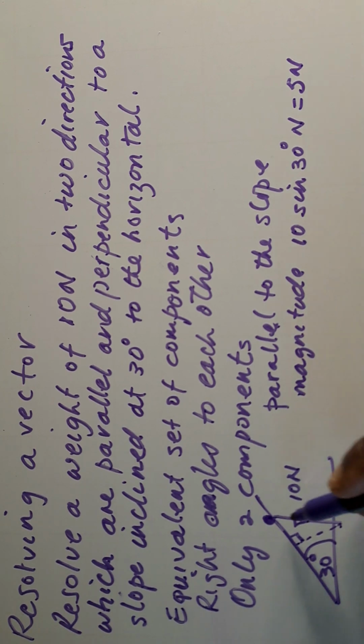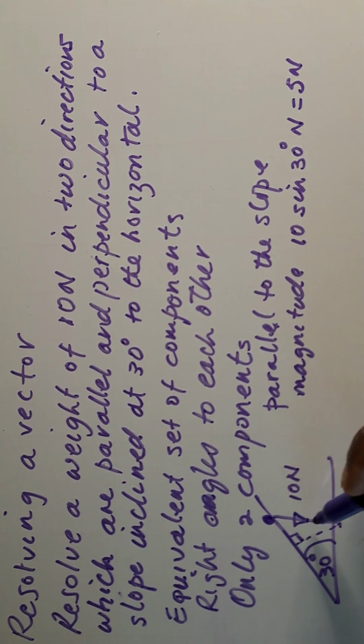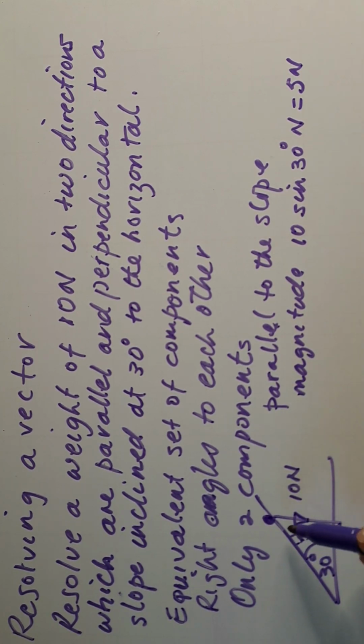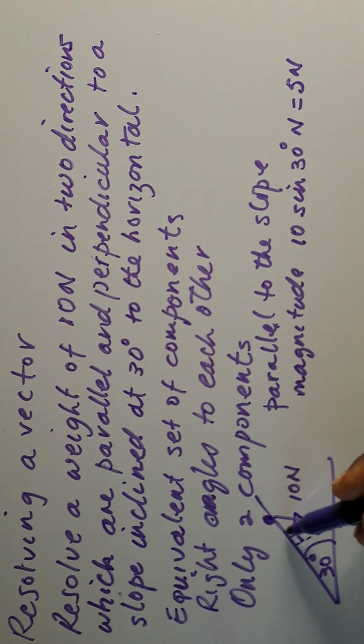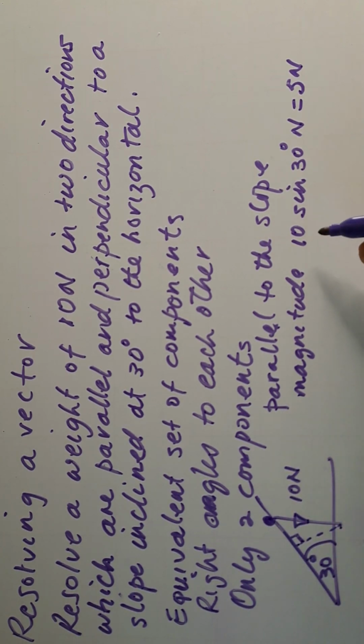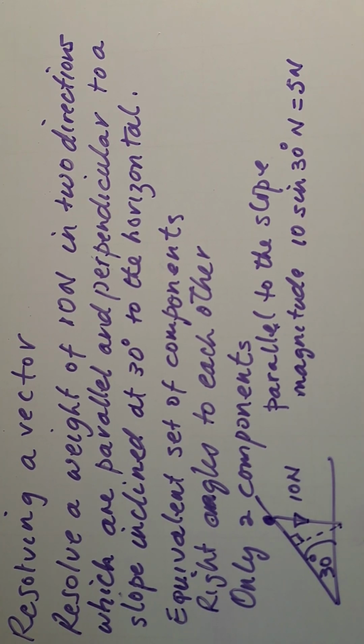So this is a hypotenuse, and if we resolve it parallel to the slope, that will be going down the slope, then we'll take the opposite over hypotenuse, which is sine, so it's 10 sine 30, which is 5 newtons.